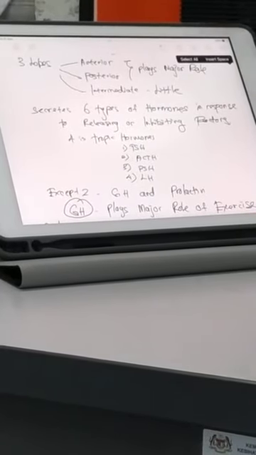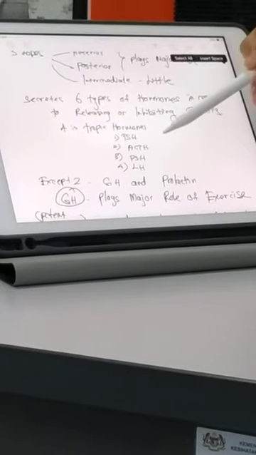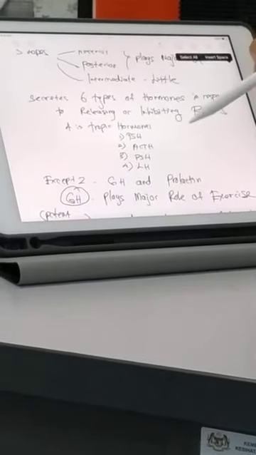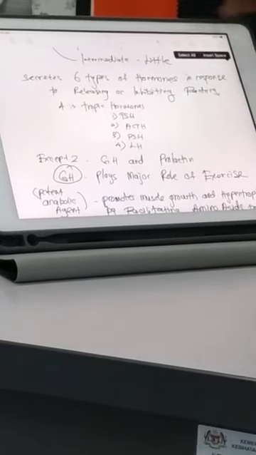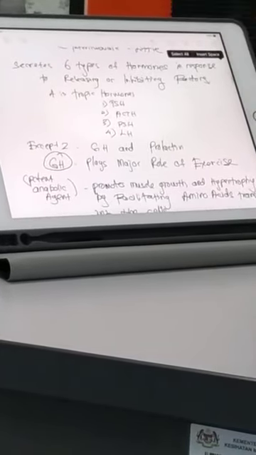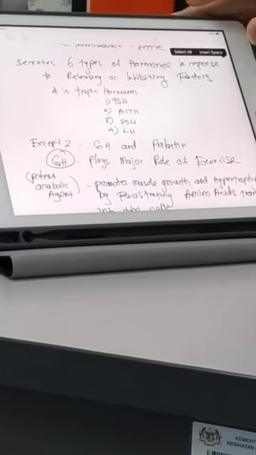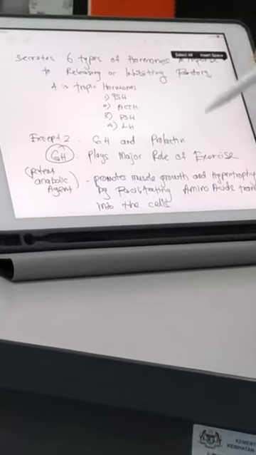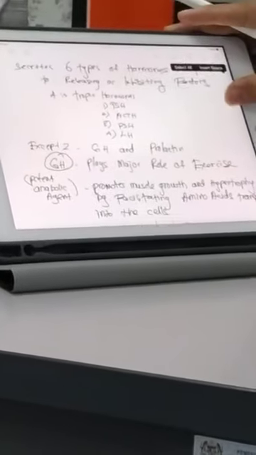They are TSH, adrenocorticotropic hormone, follicle stimulating hormone, and luteinizing hormone. The other two are growth hormone, which is the most important in exercise metabolism, and prolactin, which is used for secreting breast milk.